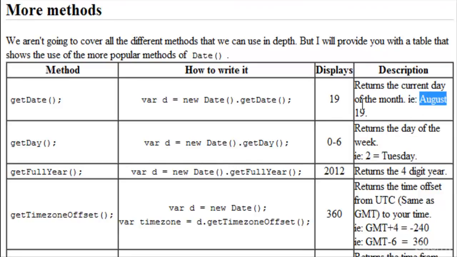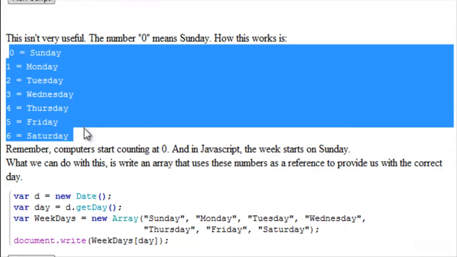For example, August 19th. So it would return 19. Then we have getDay. This is written the exact same way, but instead of date, it's day. And this will display 0 to 6. Returns day of the week, 0 being Sunday, 6 being Saturday. So 2 would be Tuesday. And that follows this chart right here.